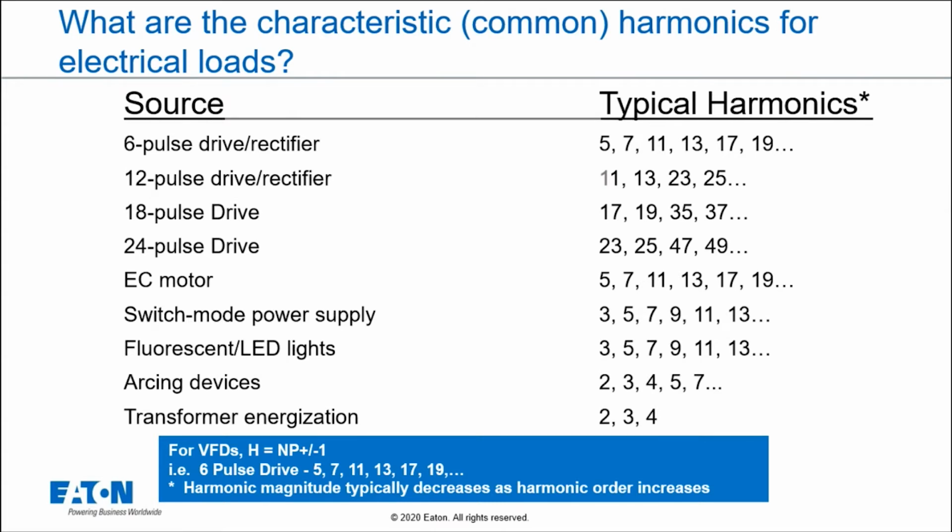When you turn on a transformer and you get that hum, that hum has 2nd, 3rd, 4th order harmonics. One important thing to recognize is that the magnitude of the harmonics typically decreases as you go up in frequency. If I have a 6 pulse drive, my 5th harmonic is the most predominant, and then it decreases as I go up in frequency.